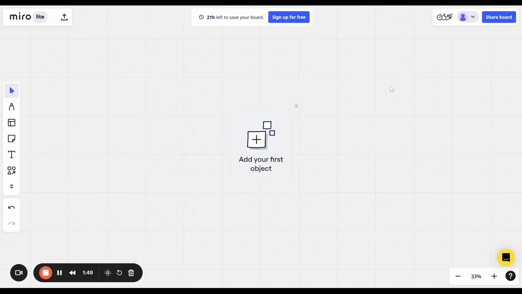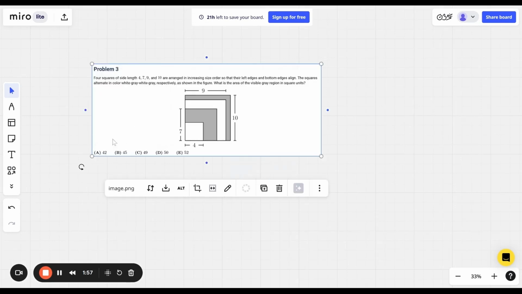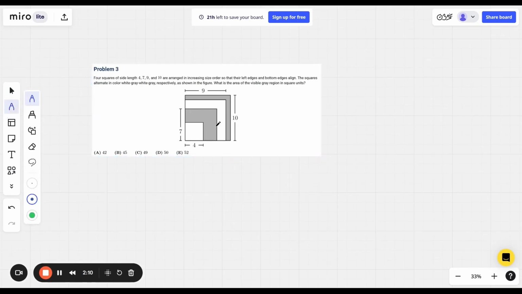Problem 3. So we have 4 squares of side length 4, 7, 9, and 10, and they're arranged in increasing order. We just want the area of the gray visible region.